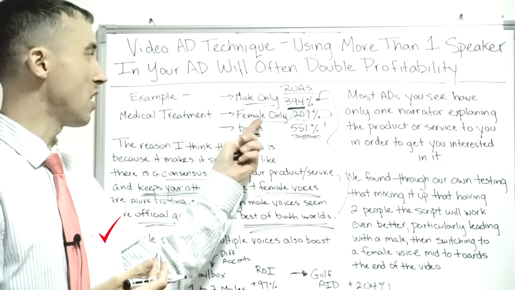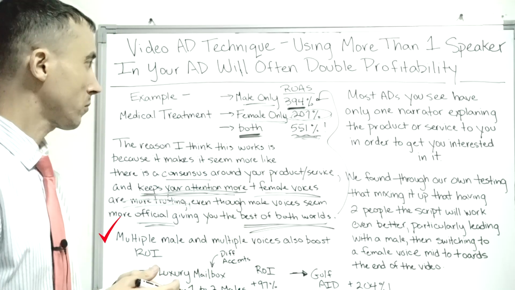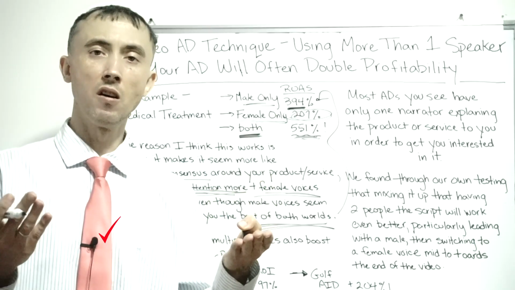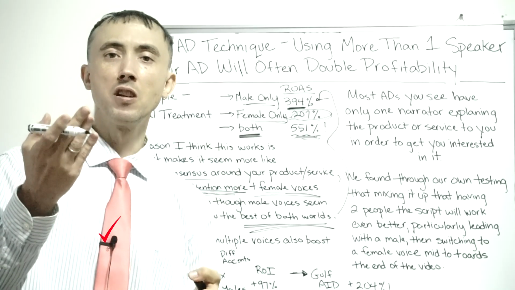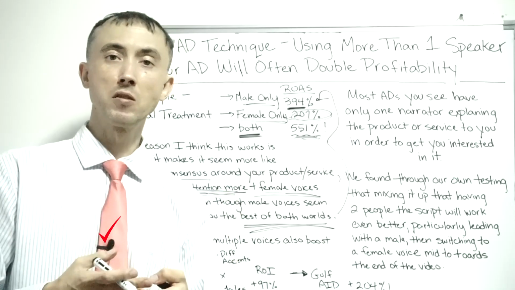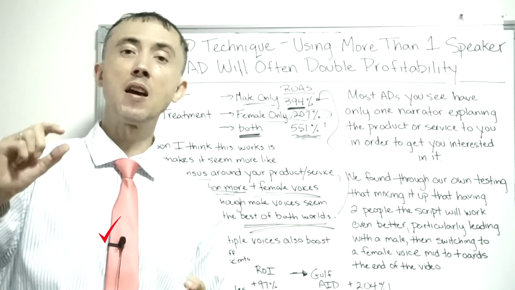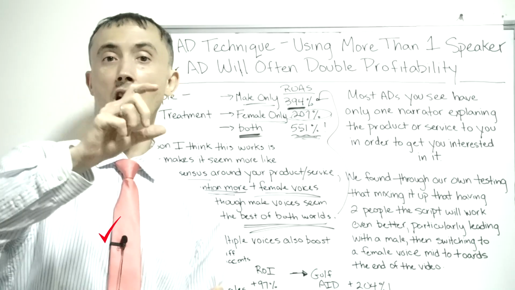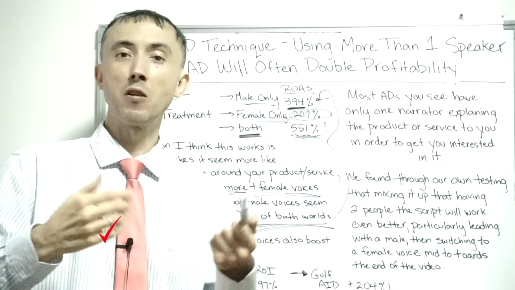And as you've seen here, combining them actually got the best result of all. Even though the female voice doesn't get you greater results by itself, when you combine male and female, you get better results, because you're taking, I feel, the best of what the strengths are individually, and then putting them together to get a bigger overall benefit.